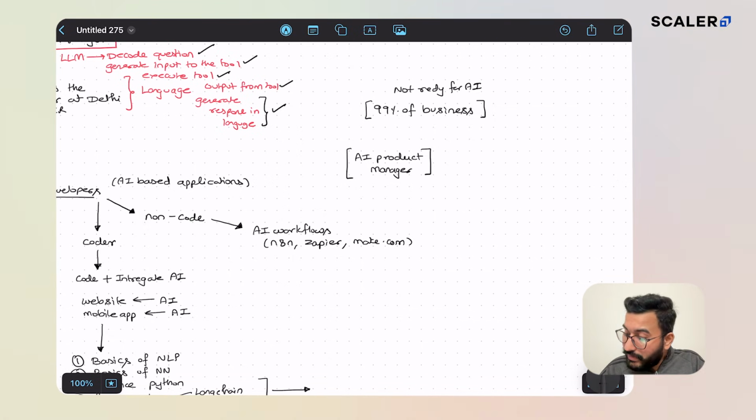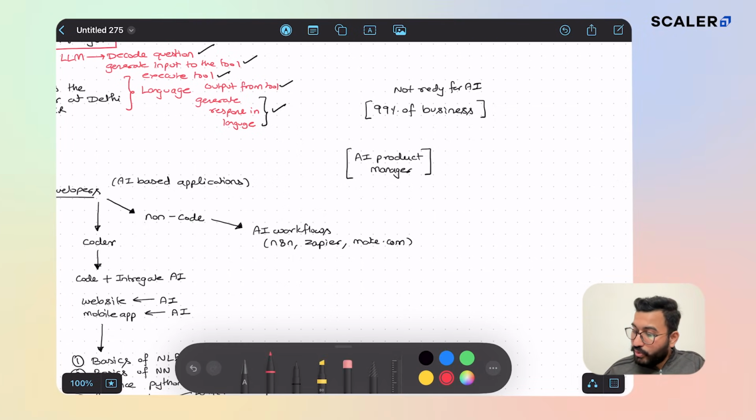Now the problem is that they cannot directly jump and go to the developers. Going to a developer is a problem to them because developers want the problem statement to be solved. And since the business is not aware about what is the exact problem that they can solve using AI, they cannot directly go to the developers.